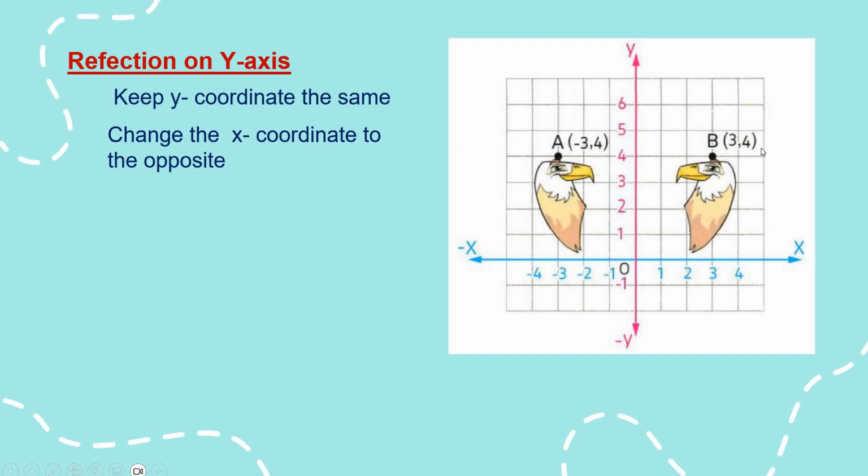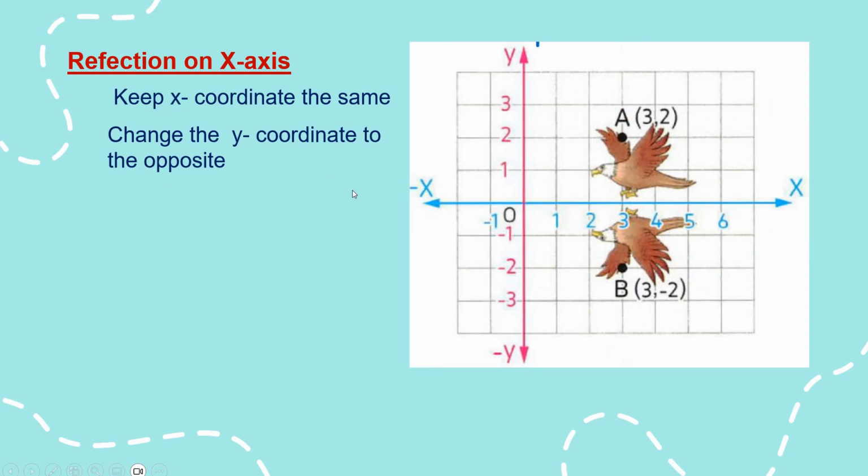What do you notice? I can notice that the y coordinate is the same, but the x coordinate is the opposite, right? So if I want to make a reflection on the y-axis, I will keep the y coordinate the same and I will change the x coordinate to its opposite, okay?